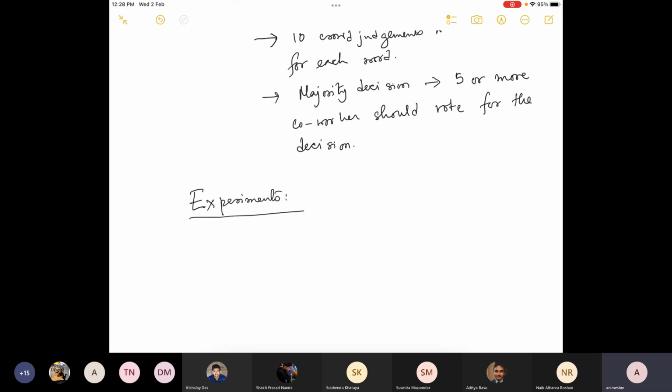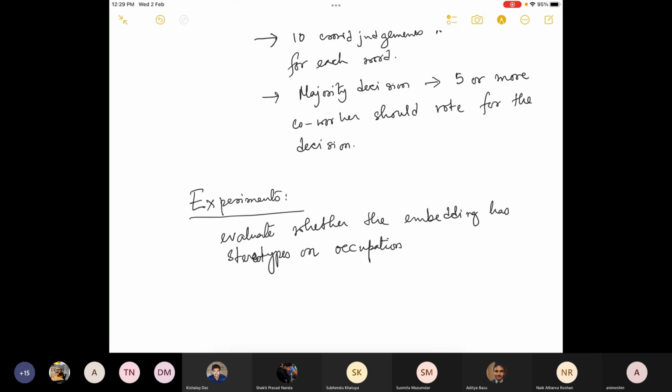In the first experiment, the authors tried to evaluate whether the embedding has stereotypes on occupation words. That was number one.